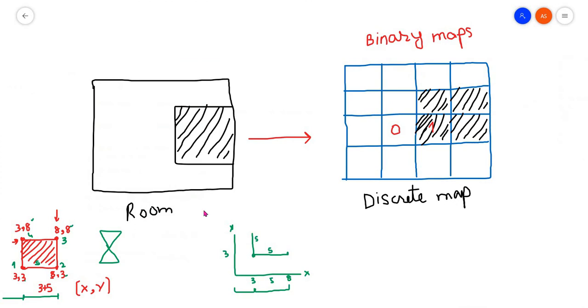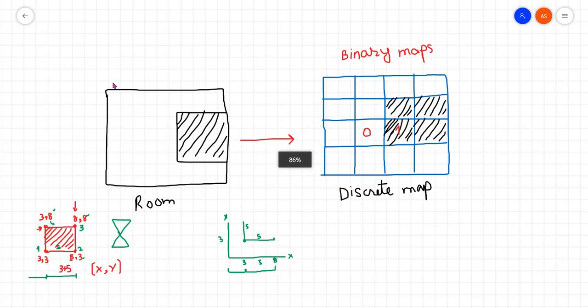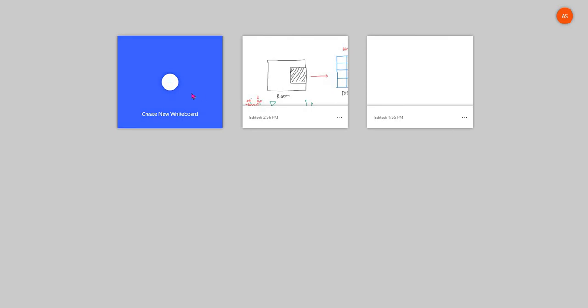There should be two obstacles, and also try to make a 3D version of this map. This was a 2D version, so just try to make a 3D version of this map and see how it looks. So I will show here how your map should look.